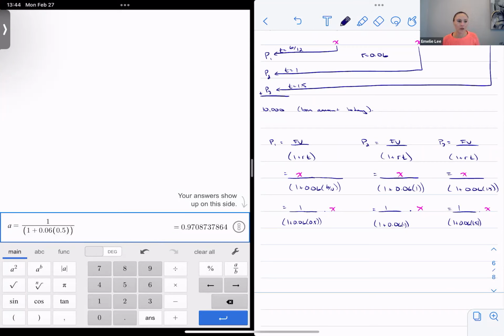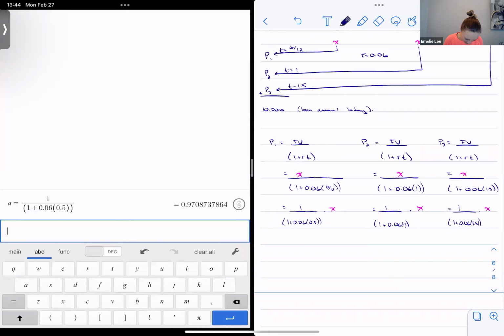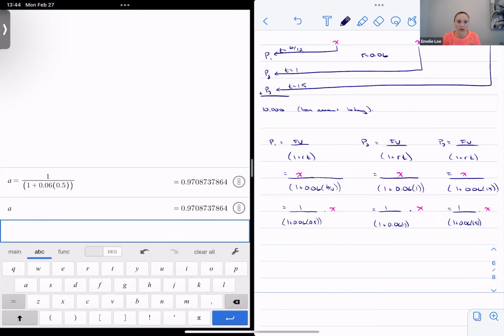Good. Okay. The next one. So now I'm just going to try it because I haven't tried it before. Okay, so now it knows that A is that value, right? So that's a way to preserve all the decimal places.